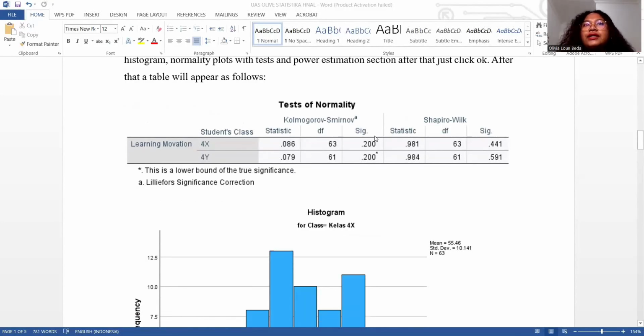We only focus on the Sig, or the p-value. Here are the Kolmogorov-Smirnov and Shapiro-Wilk columns. For learning motivation, the p-value for class X is 0.200, and for class Y it is also 0.200. For the Shapiro-Wilk, class X is 0.441 and class Y is 0.591.